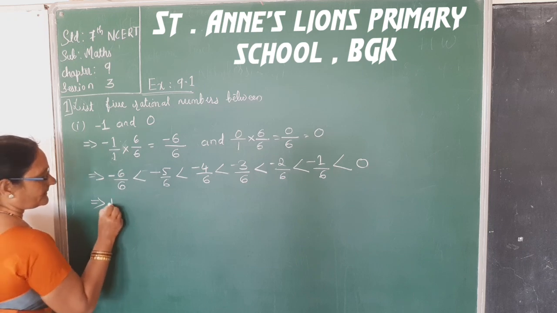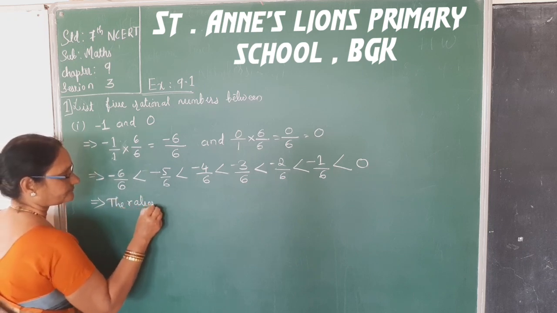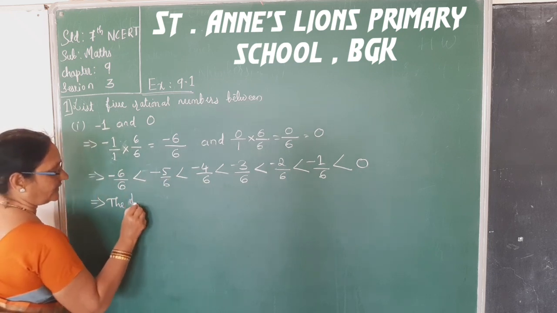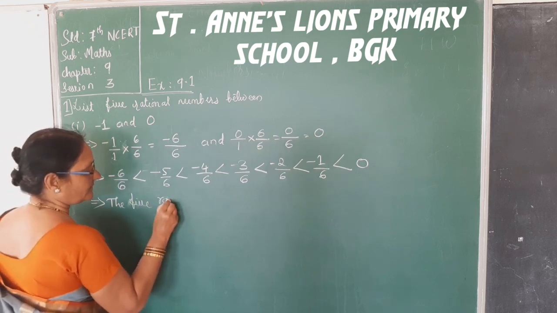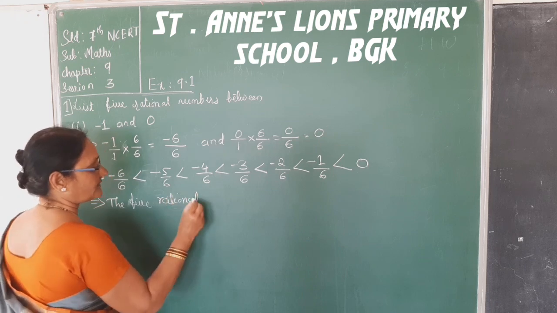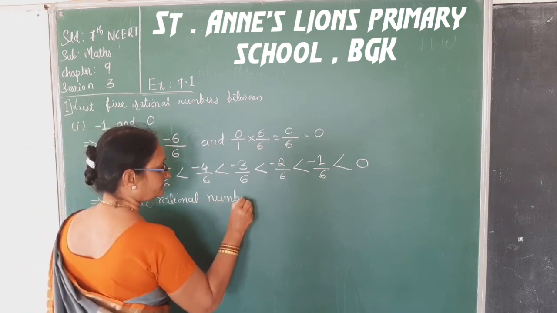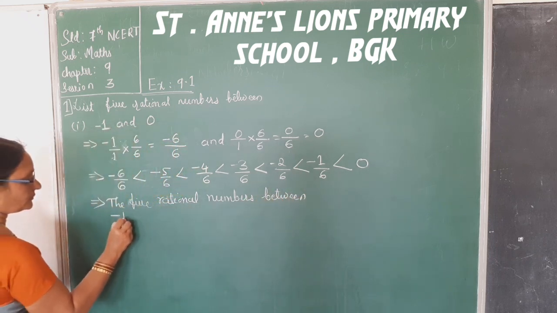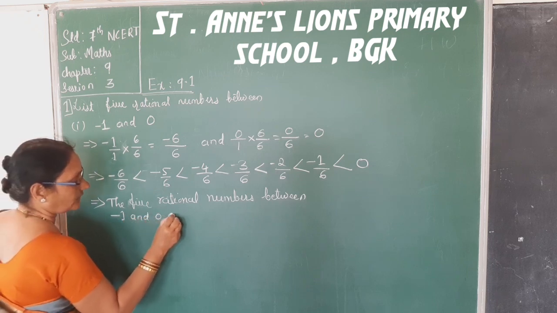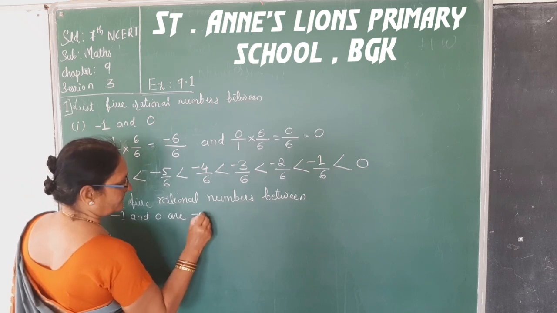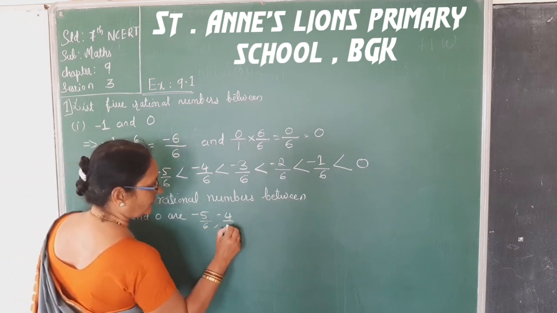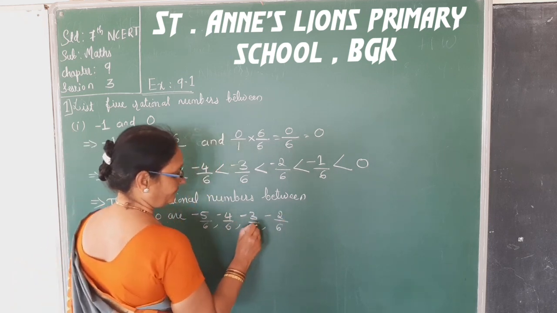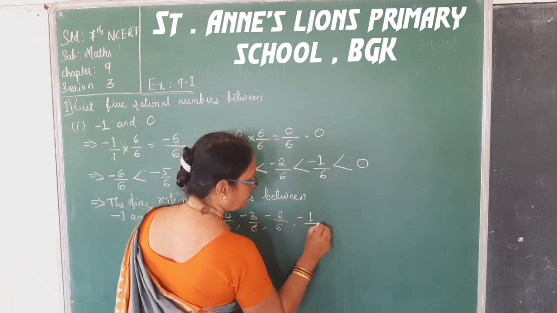Therefore, the 5 rational numbers between minus 1 and 0 are minus 5 by 6, minus 4 by 6, minus 3 by 6, minus 2 by 6, minus 1 by 6.